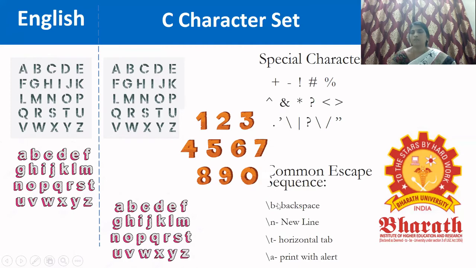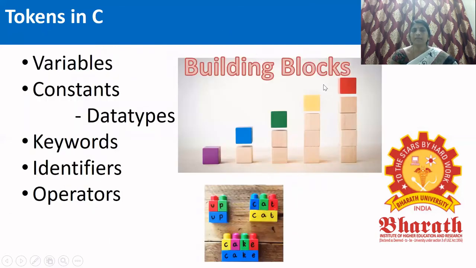The common escape sequences are special types because they represent the function keys of the keyboard, like backspace, new line, horizontal tab, and alert. And the special characters are plus, minus, question mark, whatever characters are available on the keyboard.